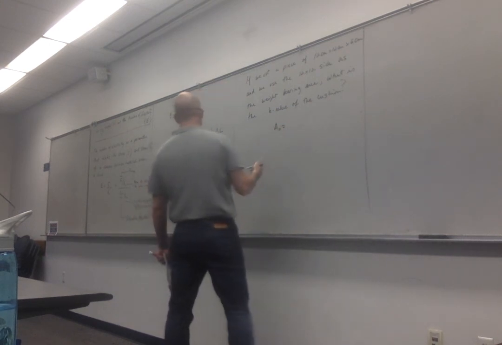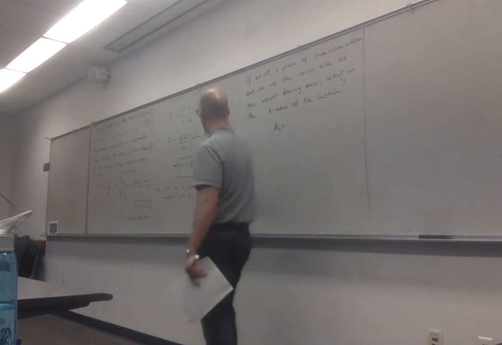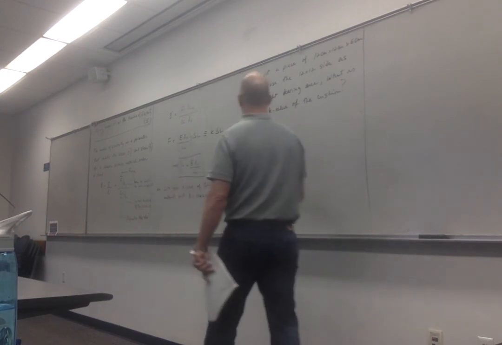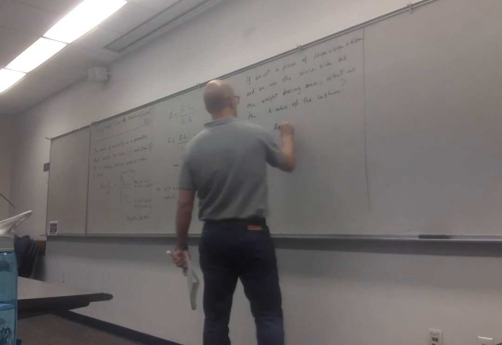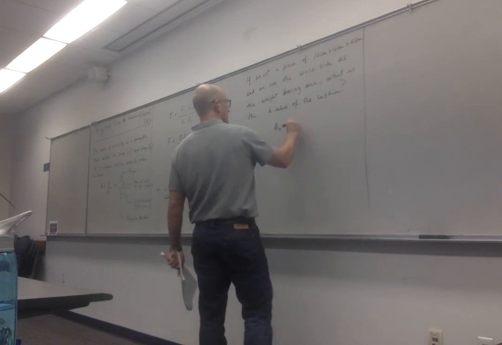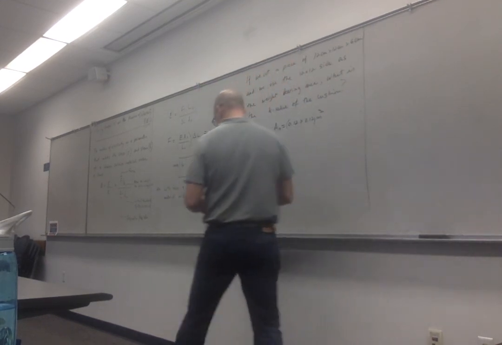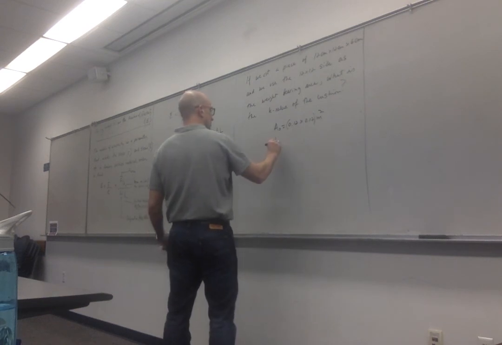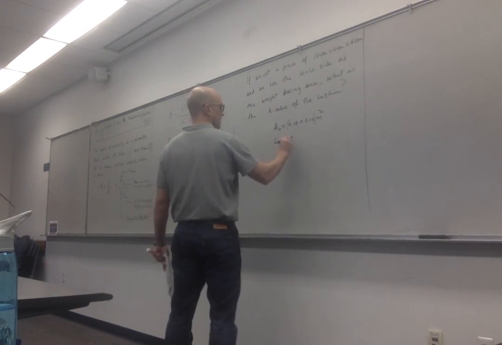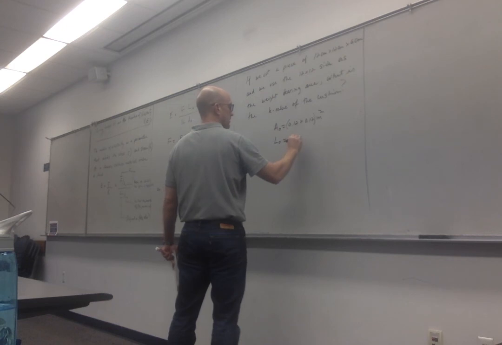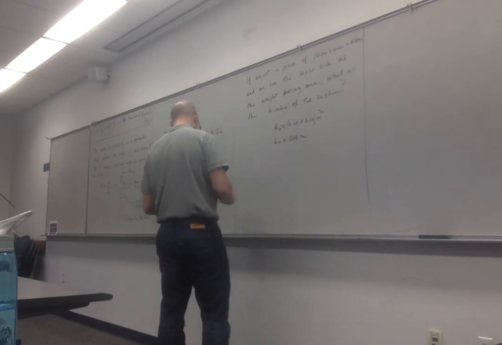The area here in that equation, A0, is the area on which the weight is applied. So here, if we use meters, that will be your area. The initial thickness of your cushion is 0.06 meters.